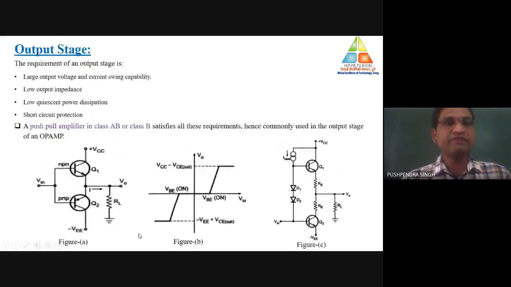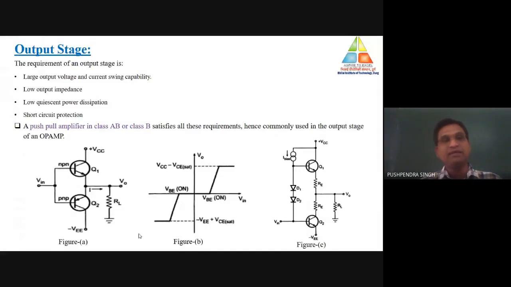Now moving further to the output stage. As we discussed, the basic requirement of this stage is that there should be large output voltage and current swing. Also, the value of output impedance should be low, with low quiescent power dissipation and short circuit protection.